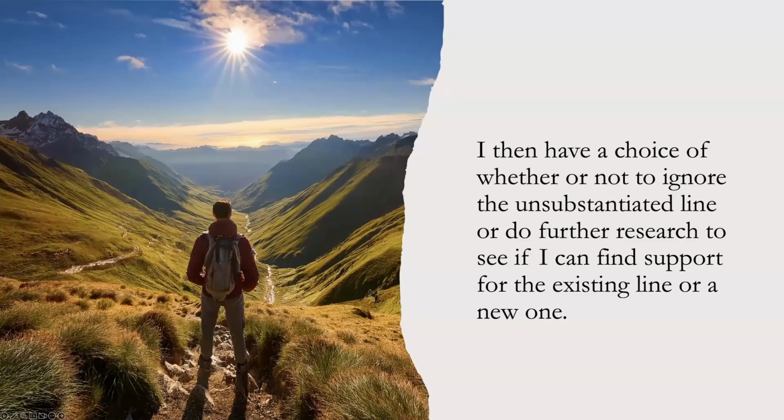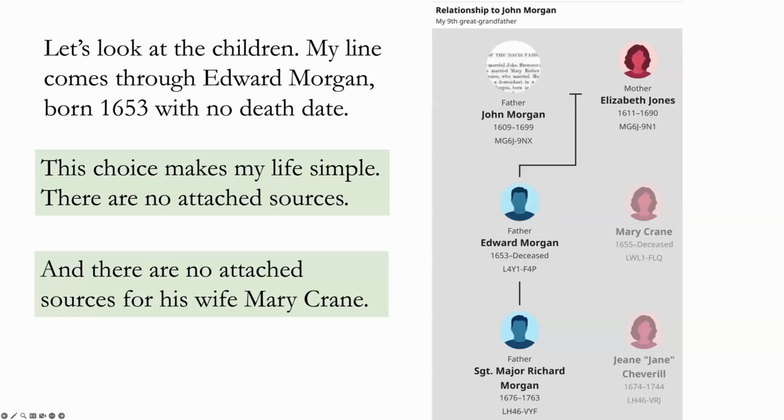In other words, there's all sorts of people making changes, adding and taking people away and changing dates and all that kind of stuff. So it's very possible at some point in time, someone does the research and actually makes a change that's supported by a source. So I haven't seen that yet, but it would be nice if they did that, and nice if they understood that the line ends with Edward Morgan, who has no sources.